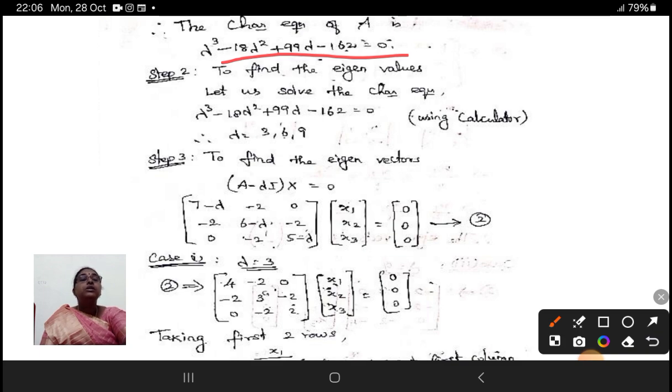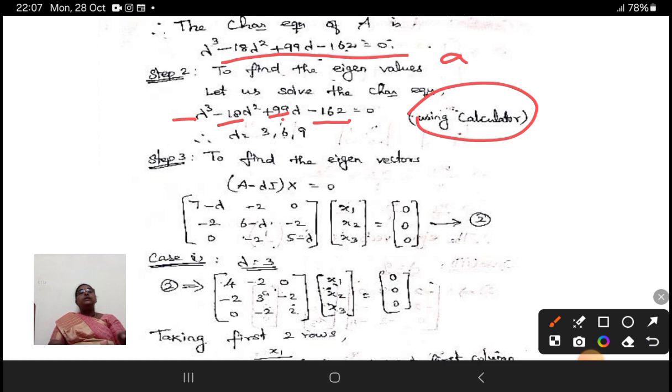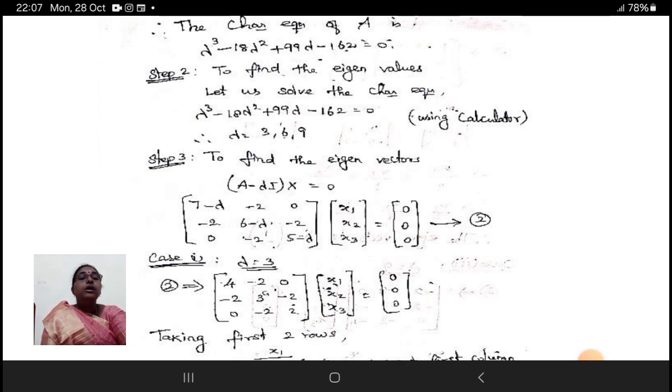After this, using the calculator in equation mode, we can replace the values: the lambda cube coefficient is A, the lambda squared coefficient minus 18 is B, the lambda coefficient 99 is C, and the constant minus 162 is D. If we substitute like this in equation mode, we get the lambda values 3, 6 and 9. Alternatively, you can use synthetic division manually and you will get the answer.